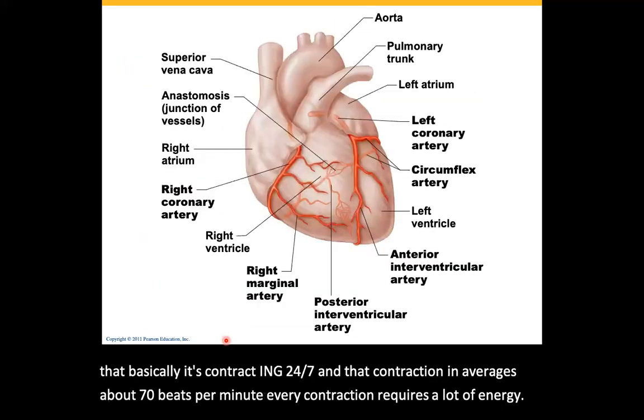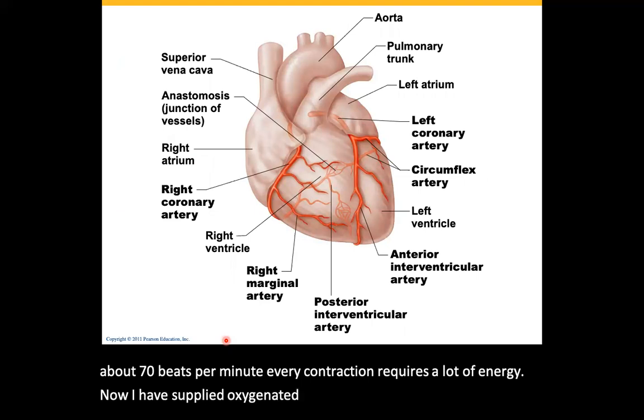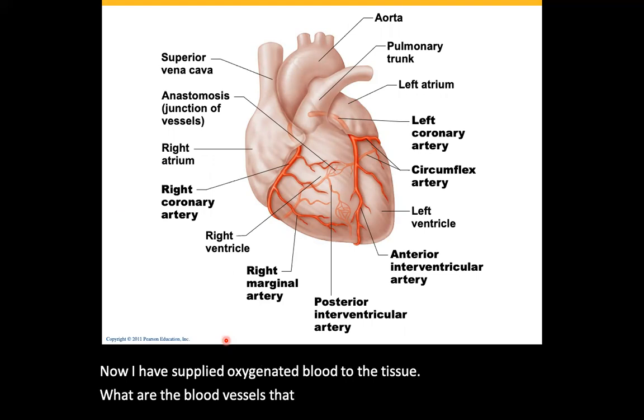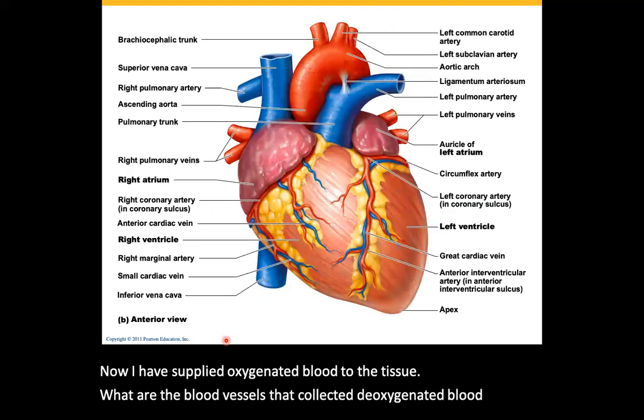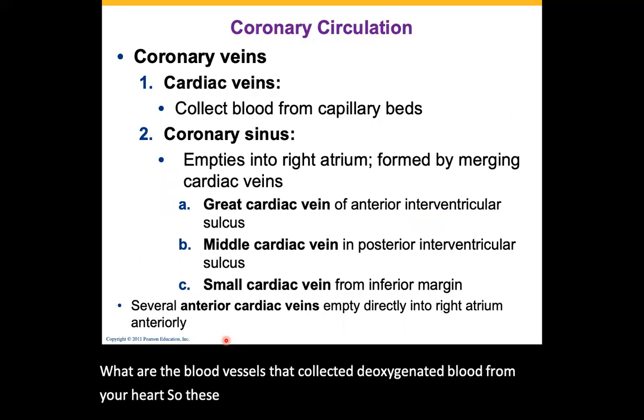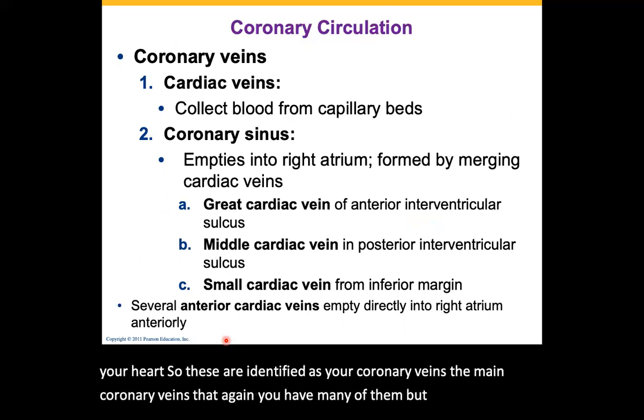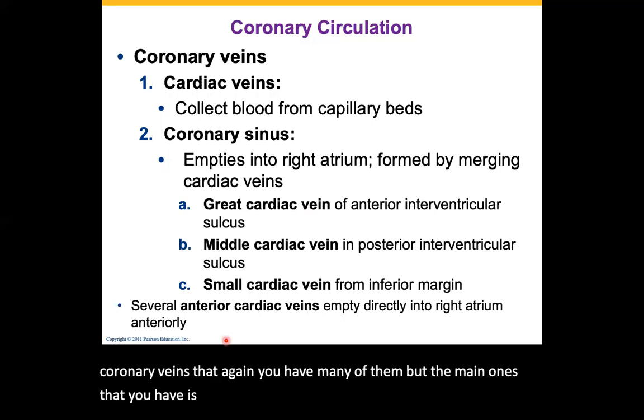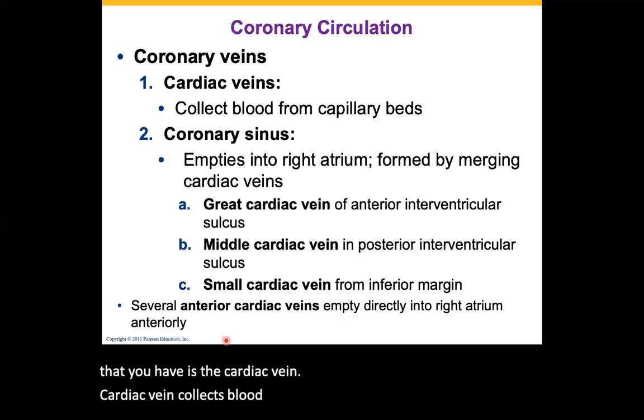Now, I have supplied the oxygenated blood to the tissue. What are the blood vessels that collect the deoxygenated blood from your heart? These are identified as your coronary veins. You have many of them, but the main one is the cardiac vein. The cardiac vein collects blood from all of your capillary circles.